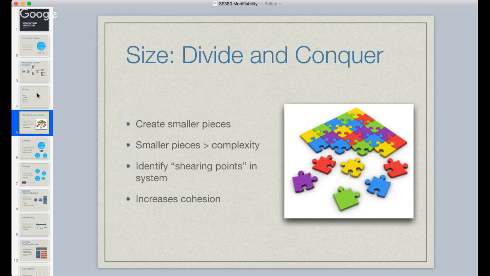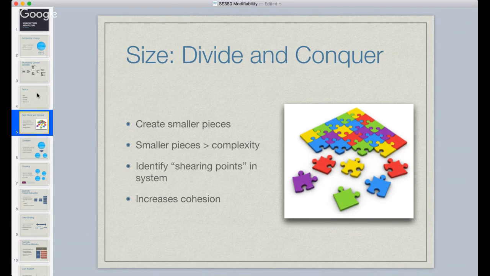From your very first simple programming assignments, you were encouraged to divide the problem into smaller pieces, solve those problems, and then build it back up again. And so the notion of taking a single monolithic system and breaking it into pieces is an obvious first step.